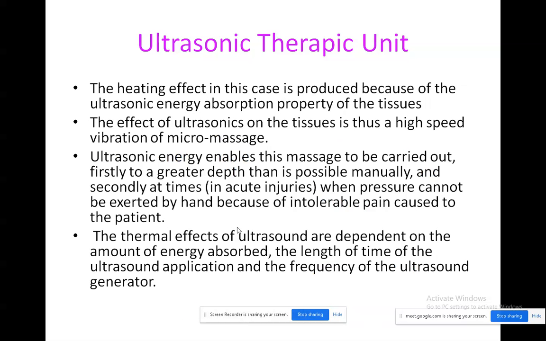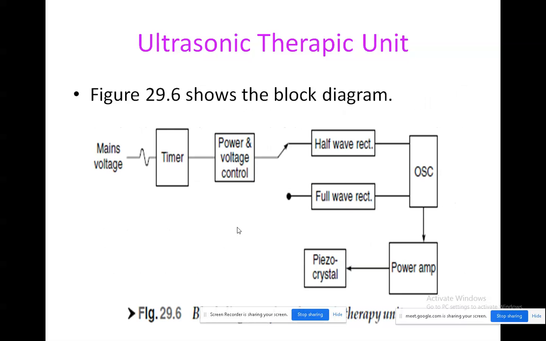So here you will obtain the thermal effect based on the absorption of energy, the amount of energy absorbed. The block diagram of the ultrasonic therapeutic unit is given here. Here you can have two rectifiers, one half wave and another full wave. Based on the needs, you will connect these two rectifiers.